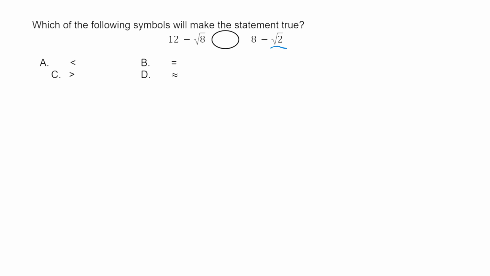We have 1, 4, 9, 16, and so on and so forth, right? So where can we find the square root of 2? Or where can we find 2 here? 2 is in between 1 and 4, right? And what's the square root of 1? It's 1. Square root of 4? 2. So the square root of 2 is just in between 1 and 2.